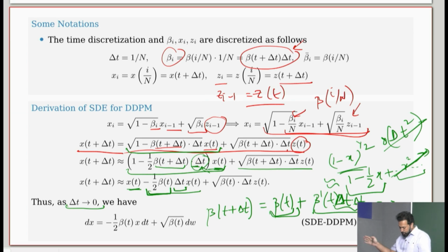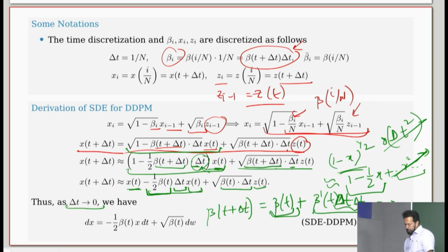The moment delta t square comes, we throw it away. Again we did the same thing here: t plus delta t, Taylor expansion, b of t plus b prime of t delta t, but then that delta t and delta t, same logic, we throw that away and keep the first term and this guy.